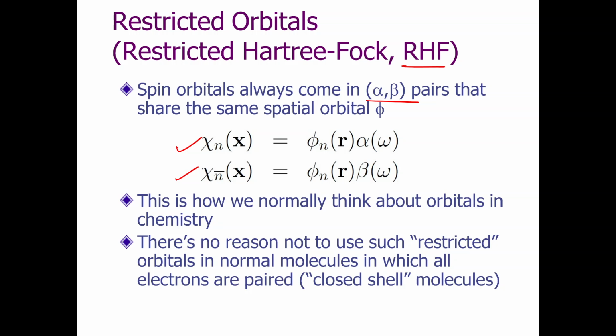You treat the alpha part totally separately and the beta part totally separately. That is actually your unrestricted Hartree-Fock. That is not being discussed here, and that is actually very complex. But there is another one called restricted open shell Hartree-Fock, like RHF, UHF, and ROHF. But for this course, RHF is totally fine, but you can treat the closed shell molecule with unrestricted Hartree-Fock.